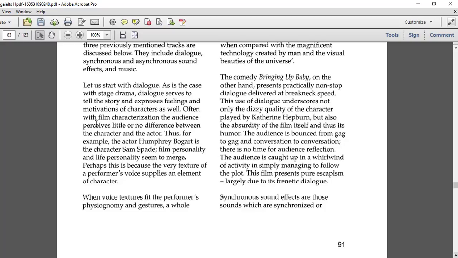Often within characterization, the audience perceives little difference between the character and the actor. No difference between the character and the actor. Here it is. Okay? Thus, for example, film personality and life personality seem to merge. The film personality and the life personality seem to merge. Okay? So I think this is why we choose number A.